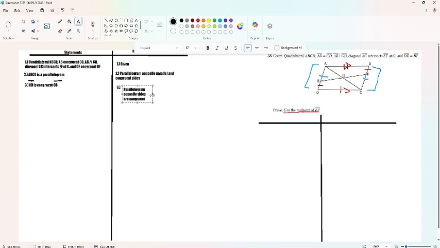Also, make sure over here you can use the converse, right? It's because you're trying to find the parallelogram, so you want to use the converse.